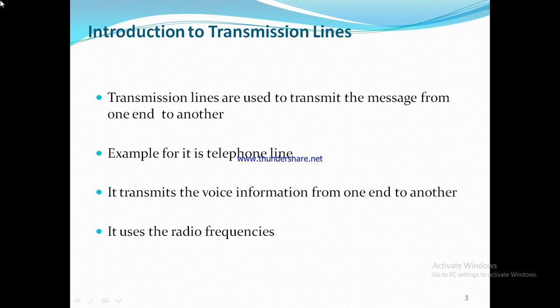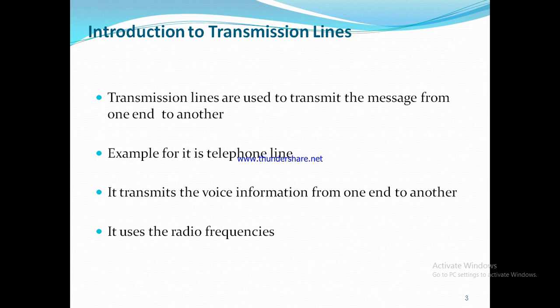In the field of electronics and engineering, it is needed to guide electrical energy from one point to another point. One form of electrical energy is the RF signal, which is required to be guided from the transmitter to the antenna. So the guided media is known as a transmission line.